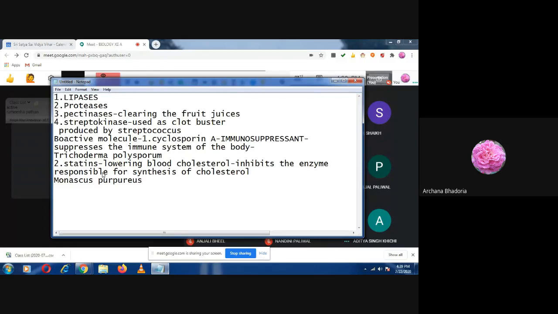This is the fungus, the yeast, which is used for extracting statin. This Monascus produces the chemical, a bioactive molecule known as statins, which will maintain the cholesterol level in the blood. It will maintain, meaning it will lower the blood cholesterol.